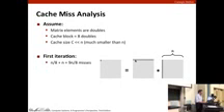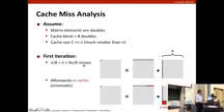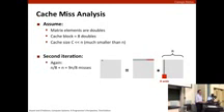And since there's n for each block, this is the number of blocks and the number of misses, and then we have n elements. So the total number of misses is 9n divided by 8 for the first iteration. The second iteration will have the same number of misses because of our assumptions about the size of this array.